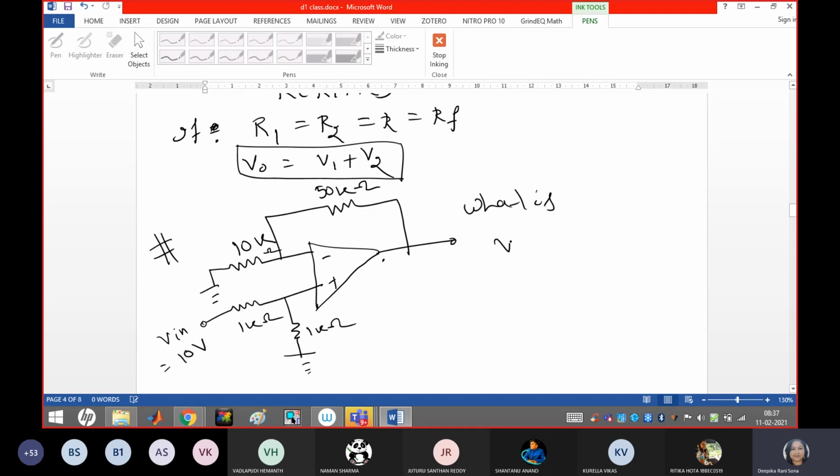What is V0? Calculate and tell me. We have already solved the output voltage equation, guys, for this circuit.